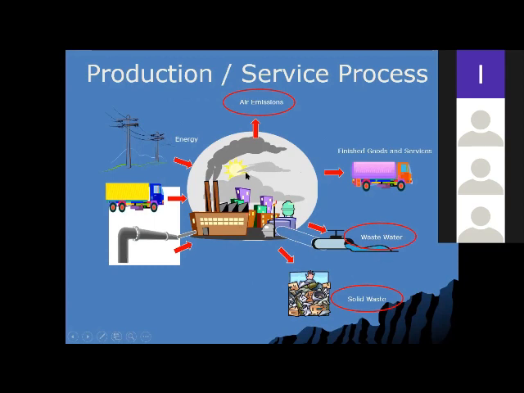All those go out, and we get finished goods and services. But what we need to do is, as I said before, these things have to be reduced as much as possible. We put in something, we get something equal to what we put in, so that we can reduce this. This is called the production that we need to really aim at.